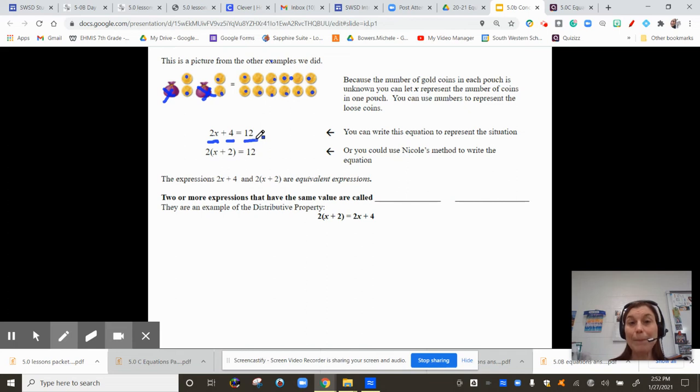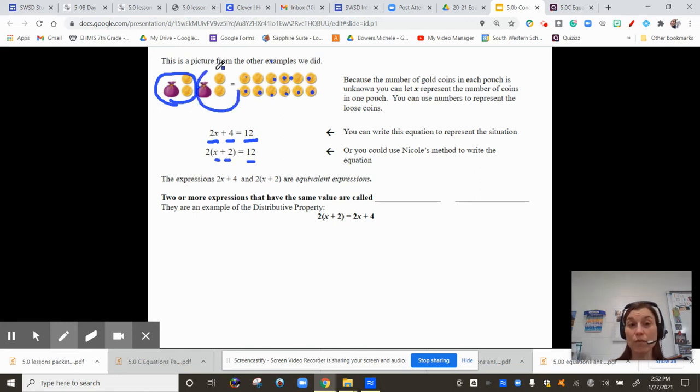Okay, that's probably what you did. But if you thought of it differently and you thought of it as 2 sets, the right's still 12, but on the left, it could have been that you had 2 sets of a bag and 2 coins.